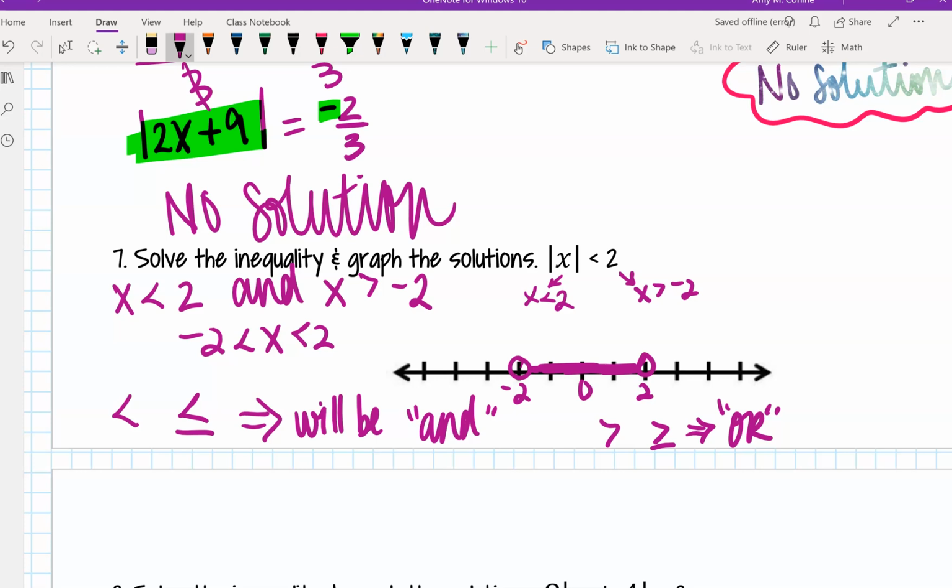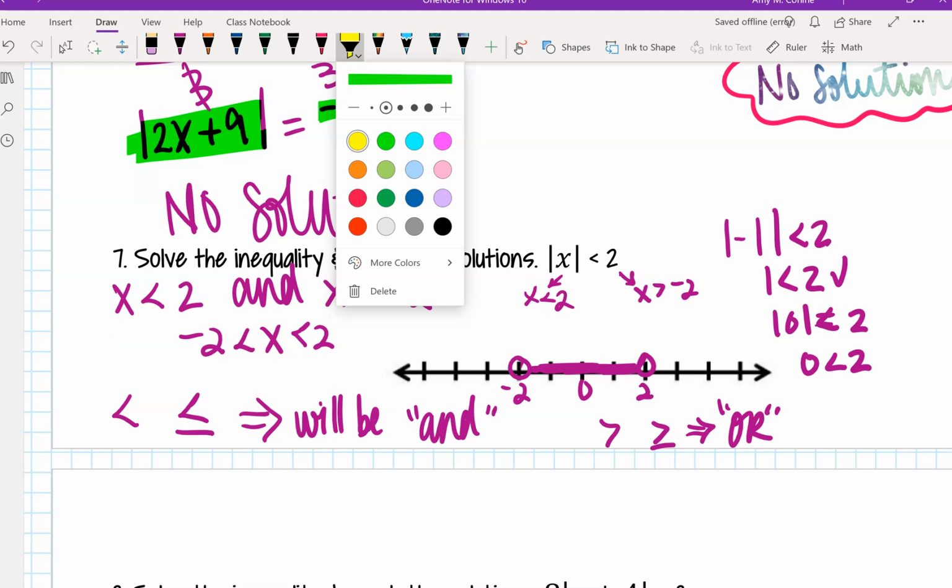If you're unsure if you did it right, if you put in 1, or -1, the absolute value is less than 2. The absolute value of 0 is also less than 2. Now remember that they're not included, the 2 and the -2 are not included, because 2 cannot be less than itself.